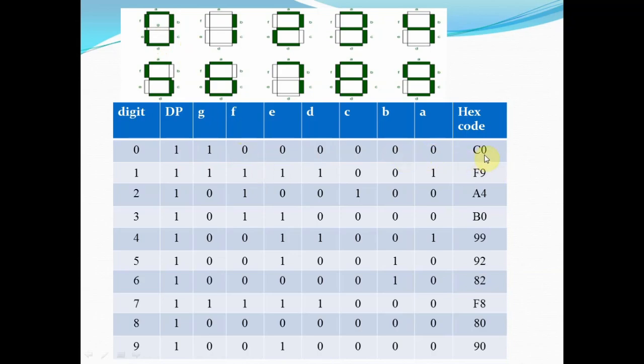So the code will be C0. Similarly for the number 1, I want to turn on B and C, so I have written 0 for B and C, and the rest are all 1. So the code is F9. Same is the case for 2, 3, 4 and up to 9. So these are the codes generated for the common anode display.